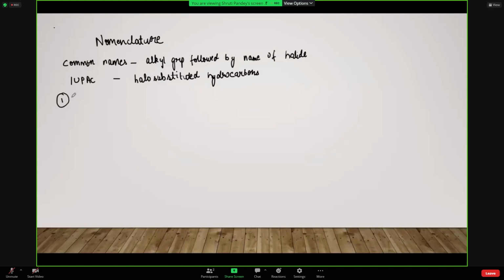So the first example that we'll take up is the compound CH3, CH2, CH2, Br. Right? Okay, so the common name for this compound is, so I'll first write down the common name and then below it I'll create a table.